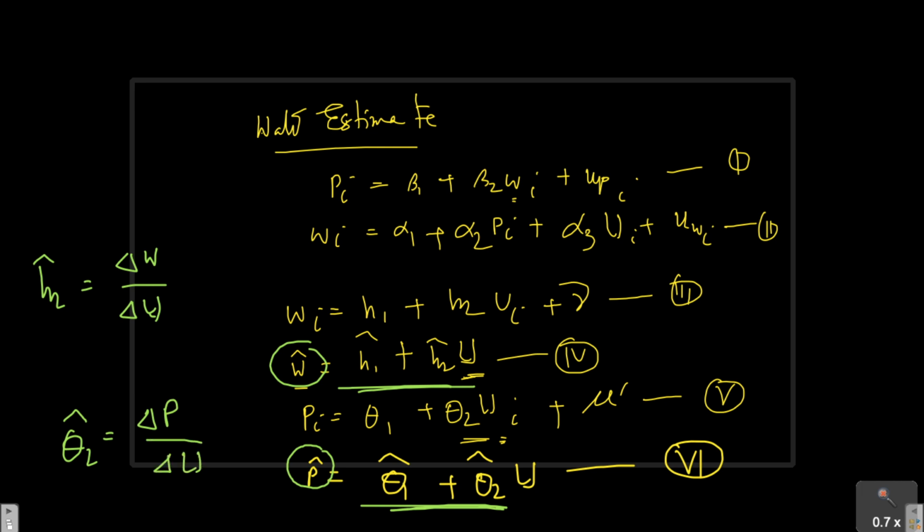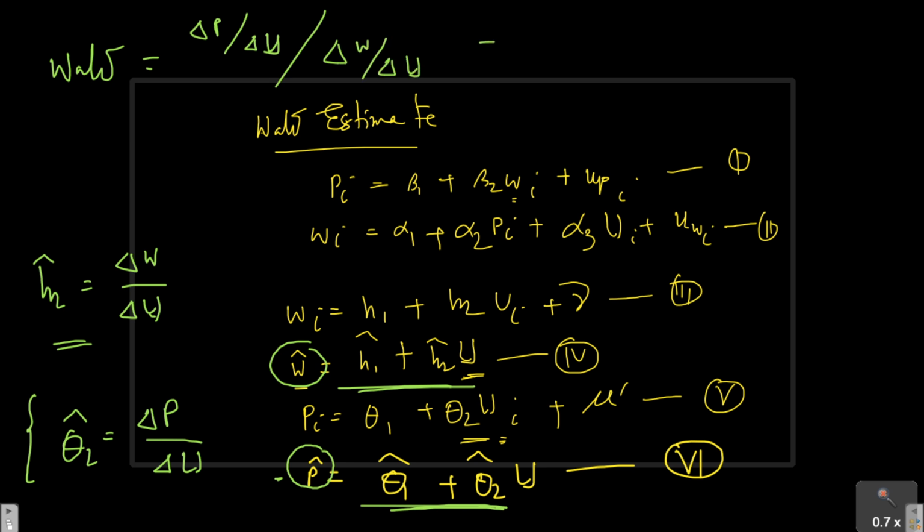Now, what did the Wald estimate say? For the Wald estimate, we took the coefficient of the reduced form equation, which is basically delta P by delta U, and then we divided it by the first stage regression, H2 hat, which is delta W by delta U.